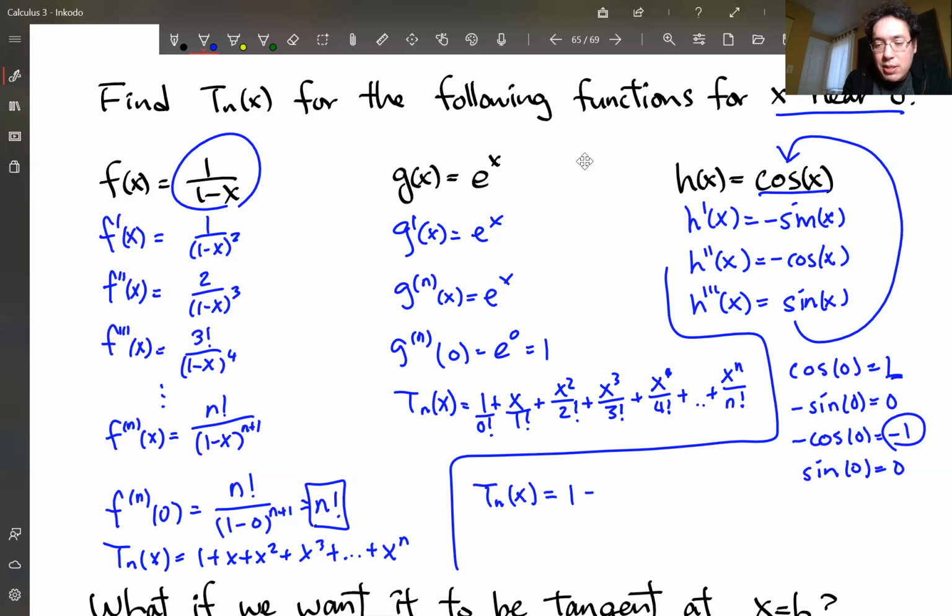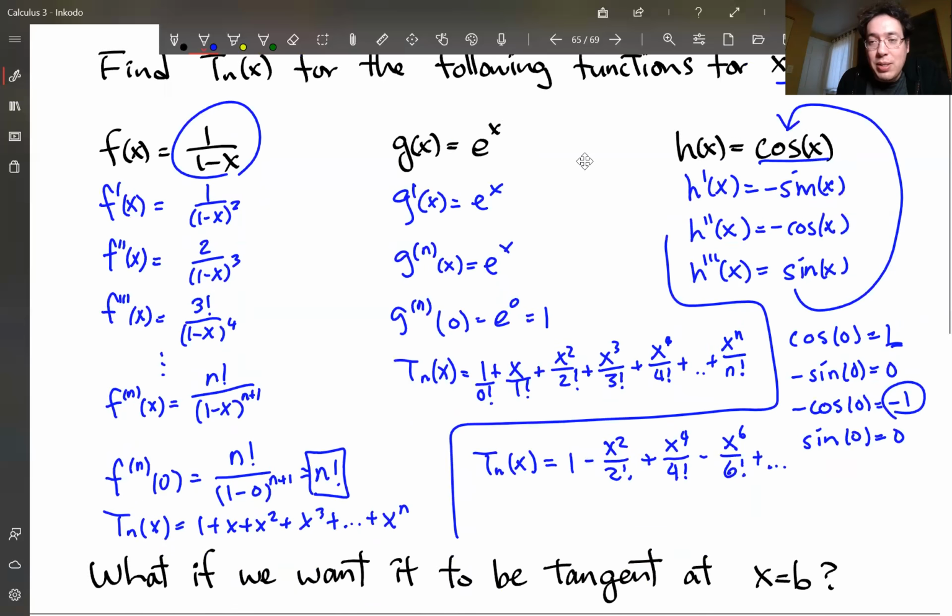And the next non-zero term is x squared over 2 factorial, plus x to the 4th over 4 factorial, minus x to the 6 over 6 factorial, and so on. I guess you're going to go up until x to the n over n factorial, where n is even, right?